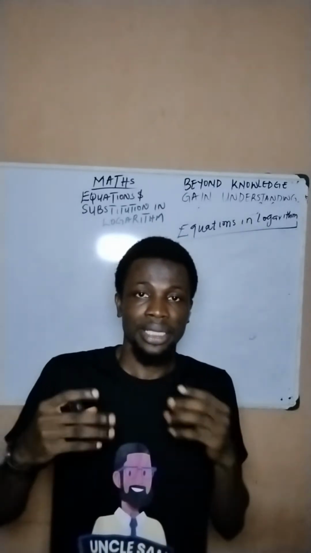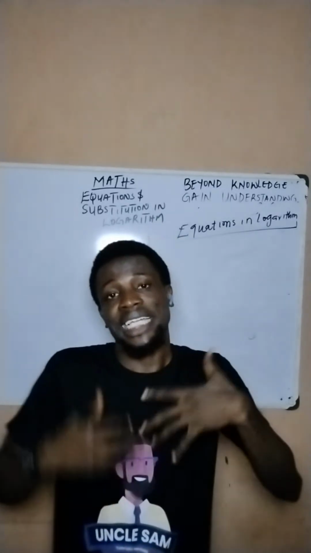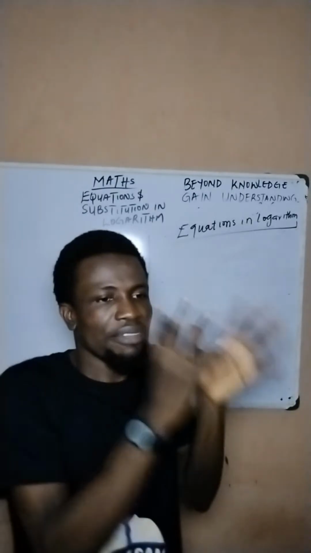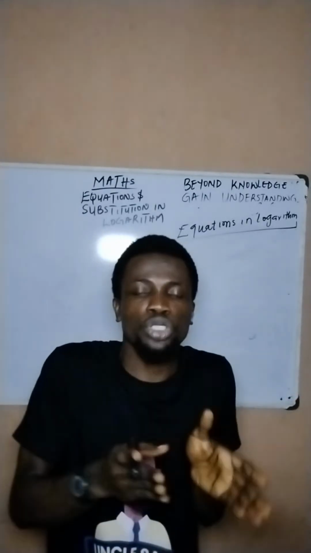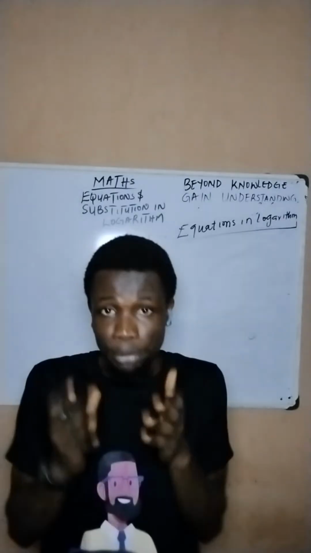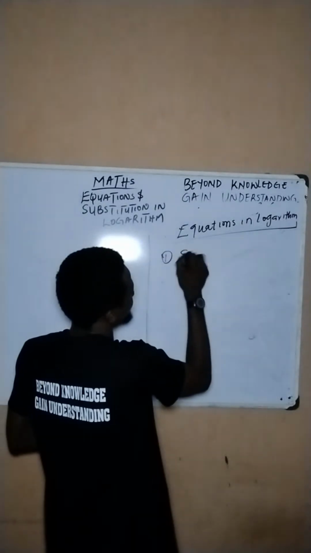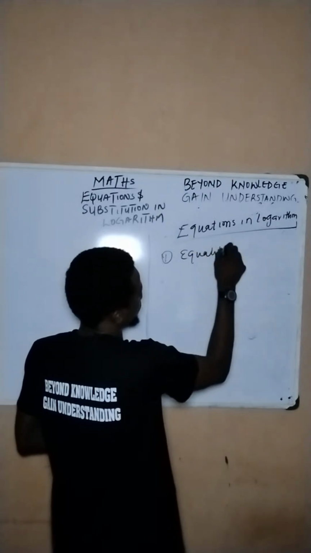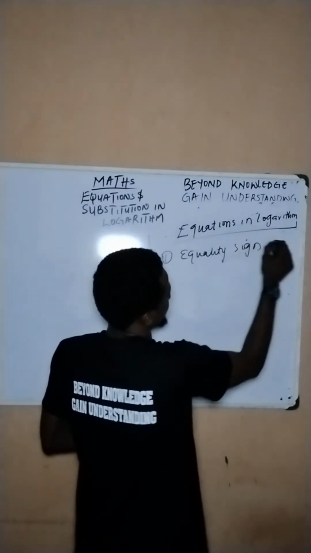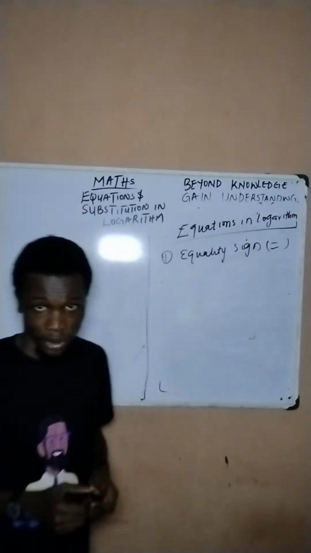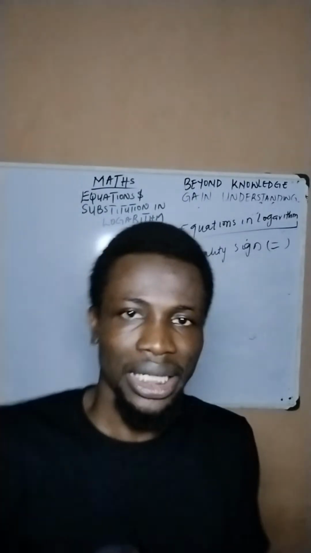In mathematics, there are three basic things that every equation must have. The first thing, it must have an equality sign. There is no equation without an equality sign.